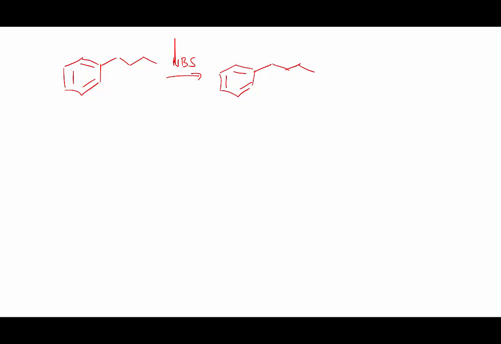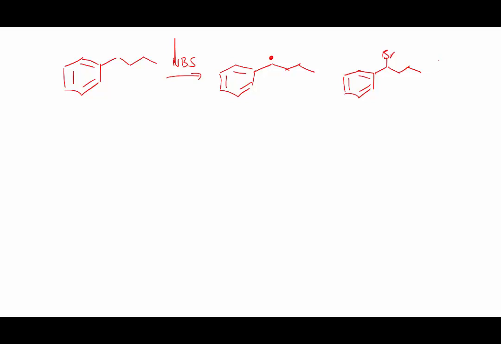What's the most stable radical? The benzylic one. And so where does the bromine end up? On the benzylic position. So the benzylic position is the important one for a side chain, because that's where you're going to add a halogen.